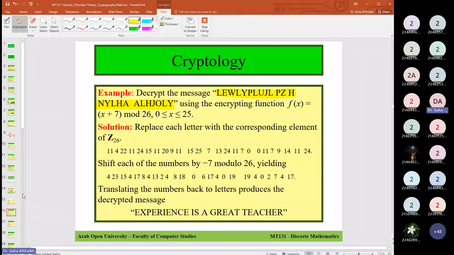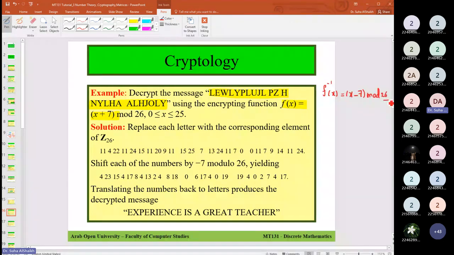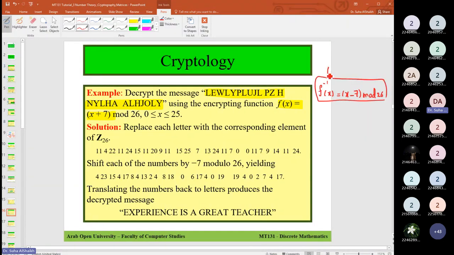The message was encrypted with the function f of x equal to x plus 7. So the function I used to do the encryption is x plus 7. So what will be the inverse function? What will be the decryption function? It is x minus 7 in this case mod 26. So this is the function we are going to use.